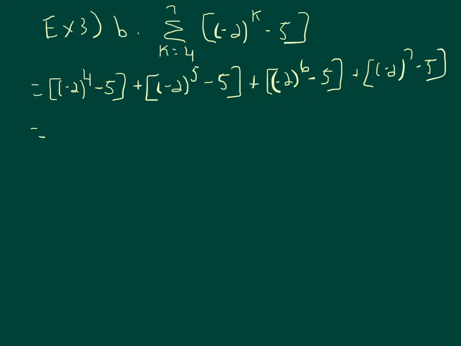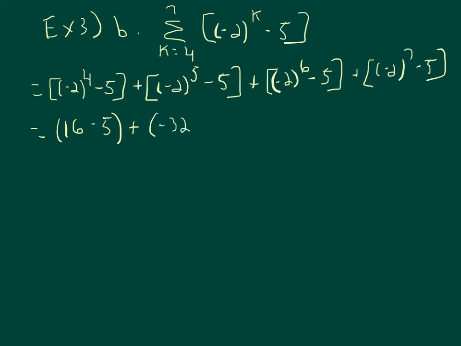Let's start figuring these things out. Negative 2 to the 4th, that's positive 16. And we still have minus 5. We'll do one more step in between. Negative 2 to the 5th is negative 32 because we have a negative number to an odd power.